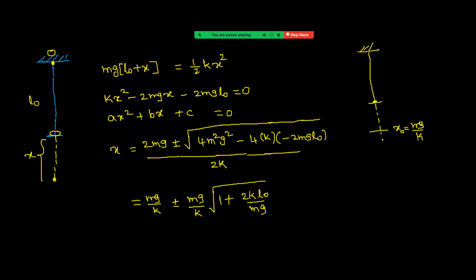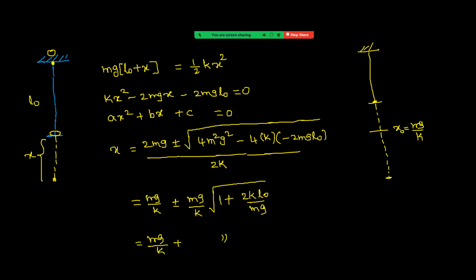That's why it goes beyond that. That means maximum elongation will be mg by k plus this value. So the answer is mg by k plus this one. So it is just a matter of writing this energy equation, and the remaining is just a calculation part.